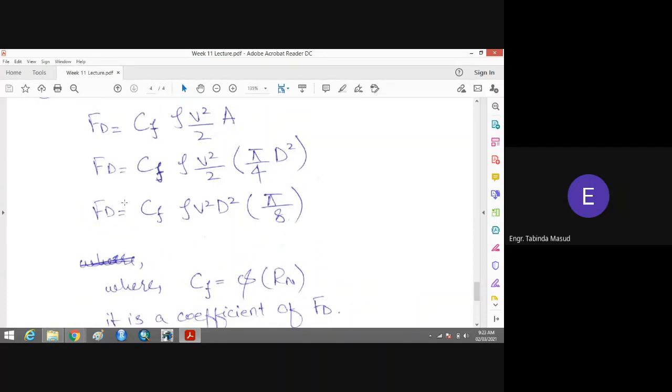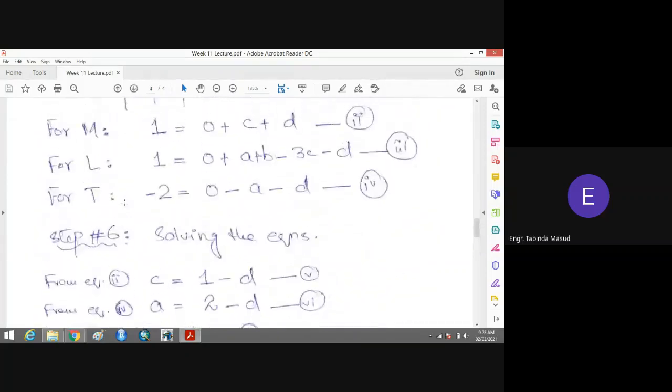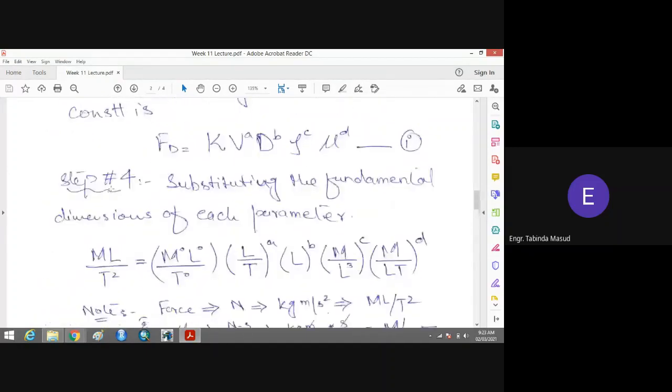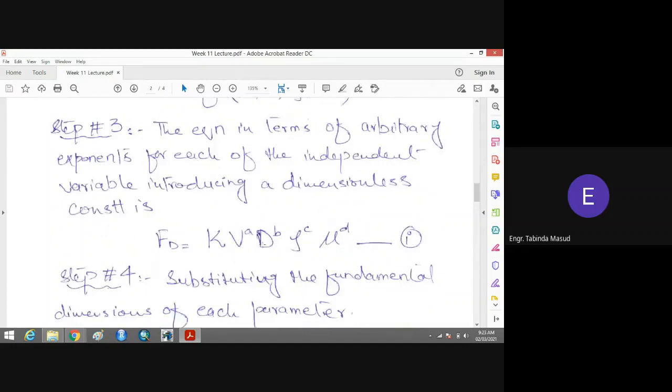So this is all about the Rayleigh procedure. The Rayleigh procedure has one limitation. The limitation is that we have only 3 available equations. Suppose here we had only 4 parameters, v, d, rho and mu. You can see we had only 4 parameters and 4 unknowns, a, b, c and d. So we were able to find the values of a, b and c in terms of d.